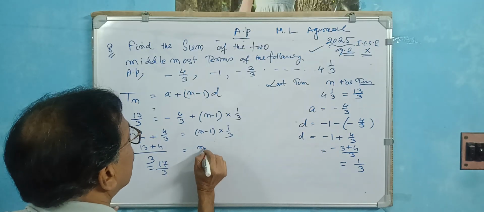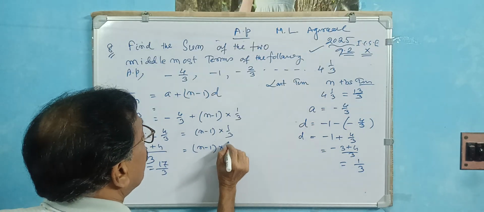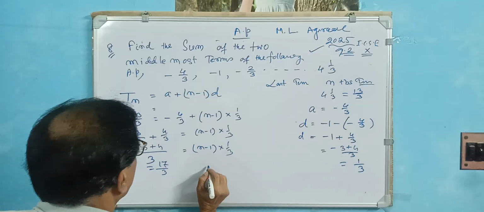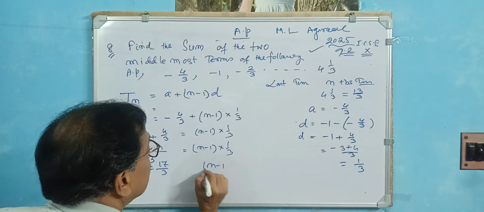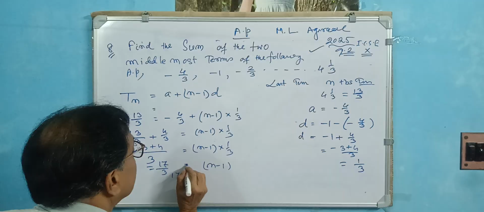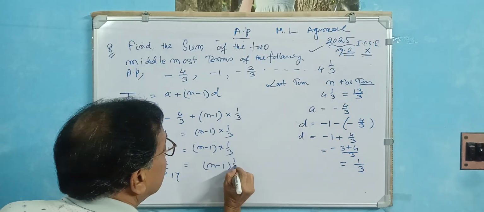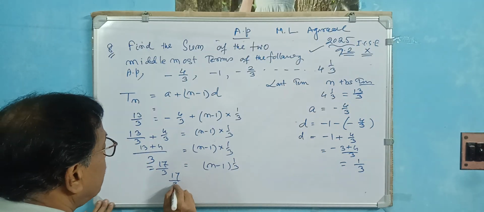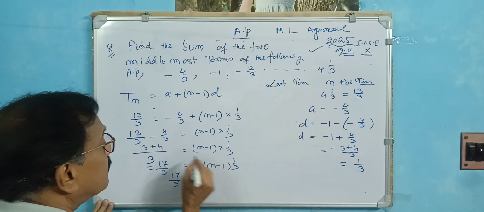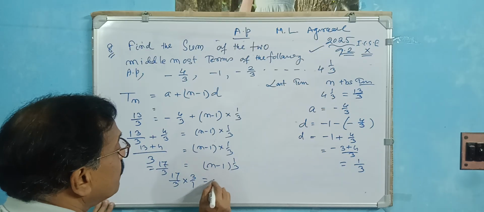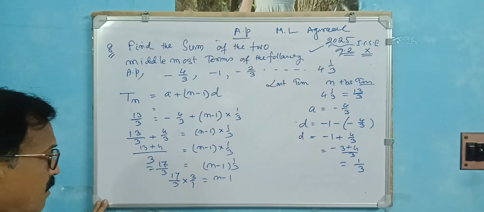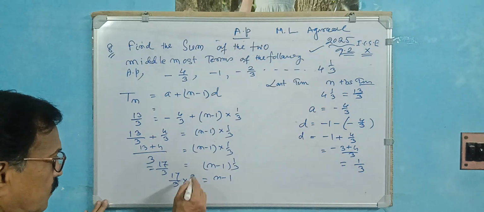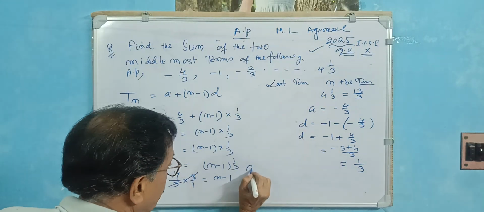This is also n minus 1 into 1 by 3. Now here, n minus 1 is equal to 17 by 3 into 1 by 3, so the 3 is cut. This is n minus 1. What is the value of n?